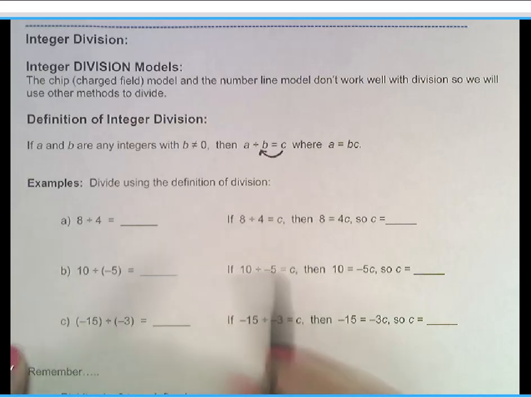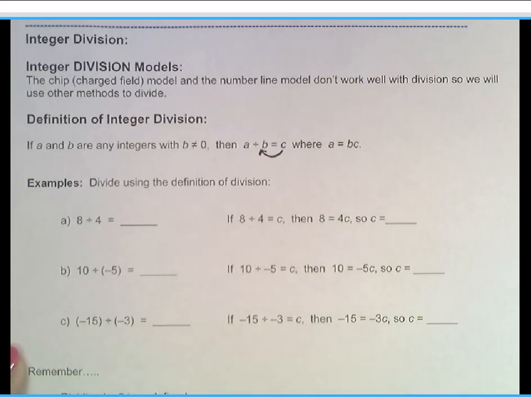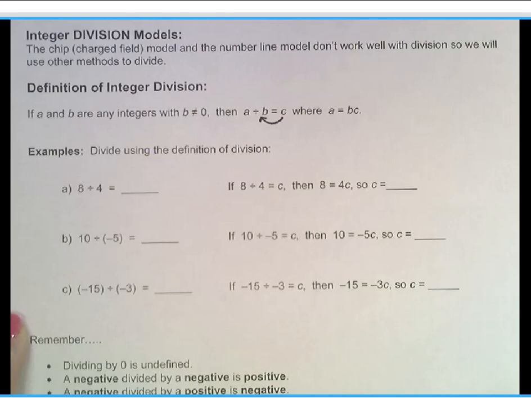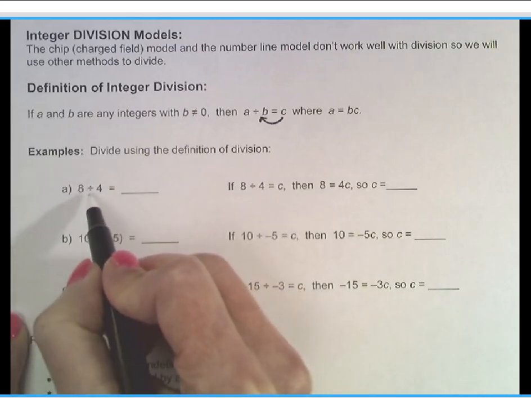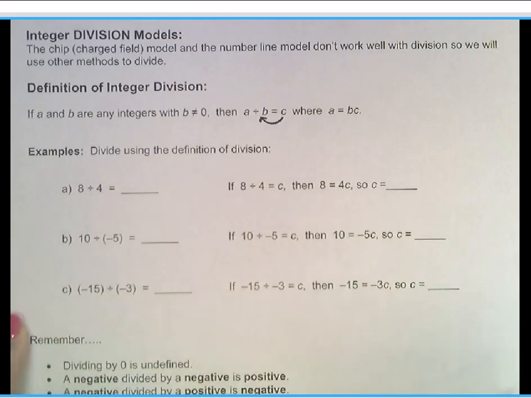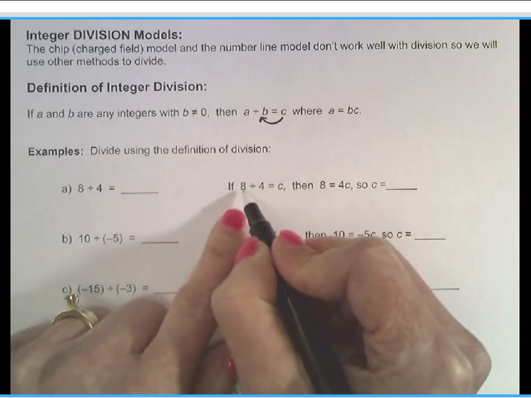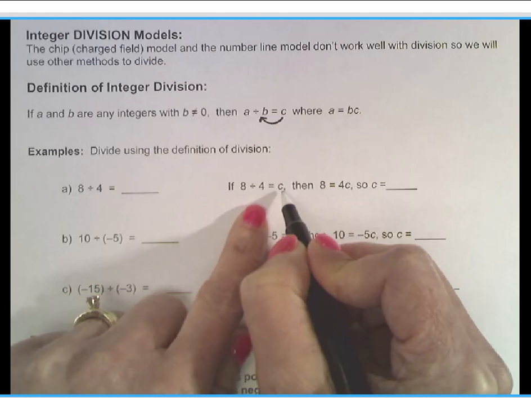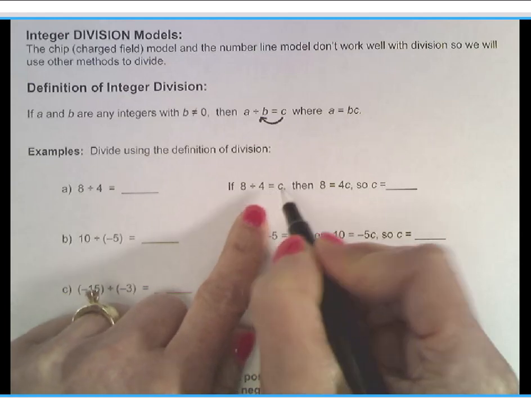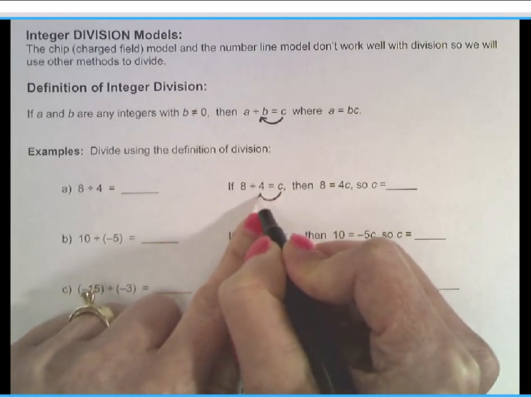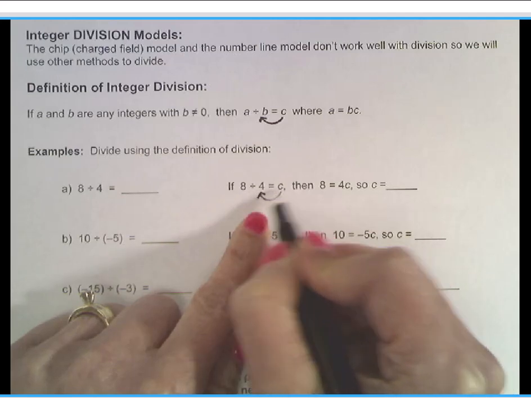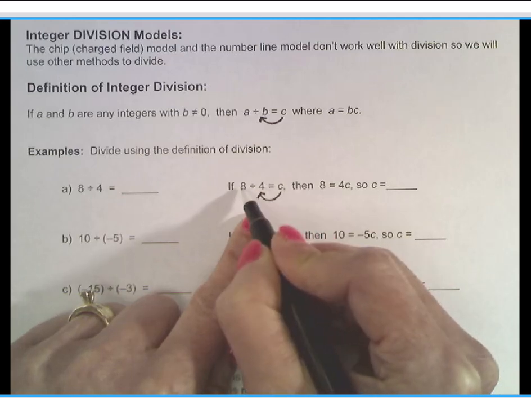I know it's probably a little strange to do it this way, but we need to practice writing out the definition. So if we have 8 divided by 4, and we want to use the definition, we would say 8 divided by 4 is some mystery number. By the definition of division, if I go backwards, 4 times c would equal 8.